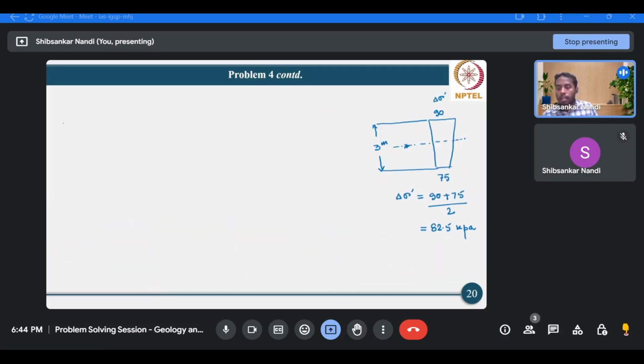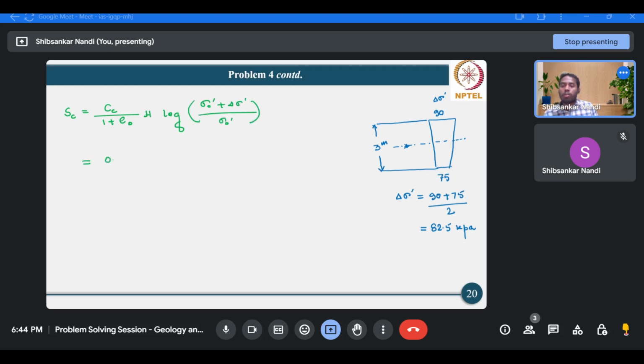So Sc will be Cc divided by 1 plus e0, times H, times log of (sigma 0 prime plus delta sigma prime) divided by sigma 0 prime.